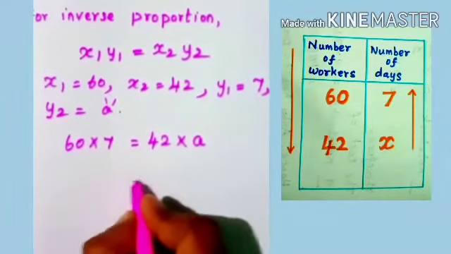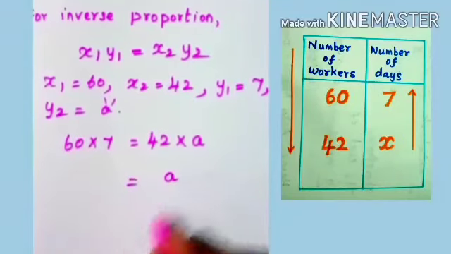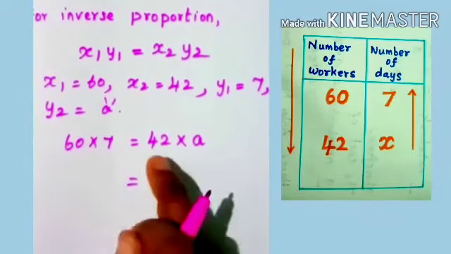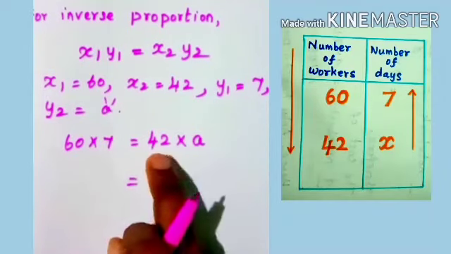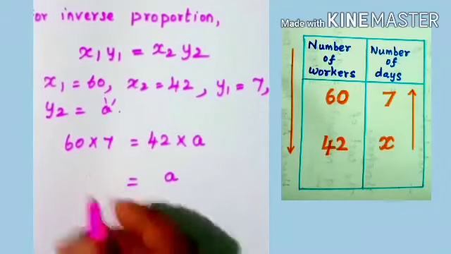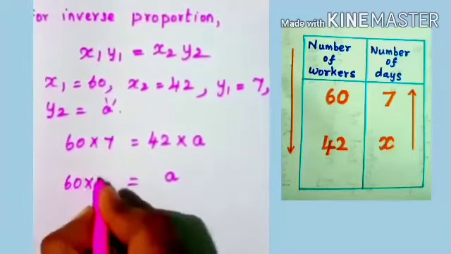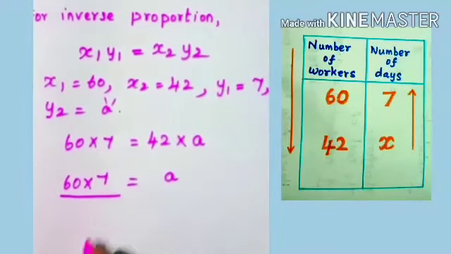So keep a on one side and bring 42 to the other side. When it crosses the equal to sign, it goes to the denominator. So 60 into 7, the whole divided by 42.